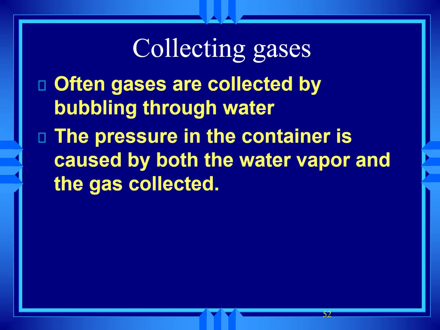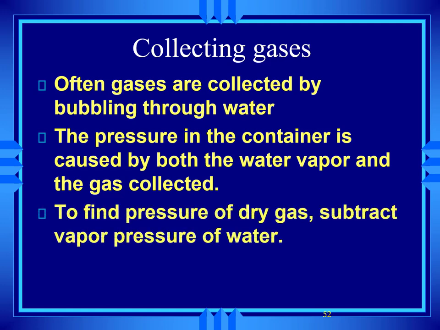So the container has a pressure, but that pressure is caused by both the gas that you bubbled through and by the water that evaporated. So there's one specific partial pressure that we run into very often. That's the partial pressure of water vapor. That is called the vapor pressure of water.